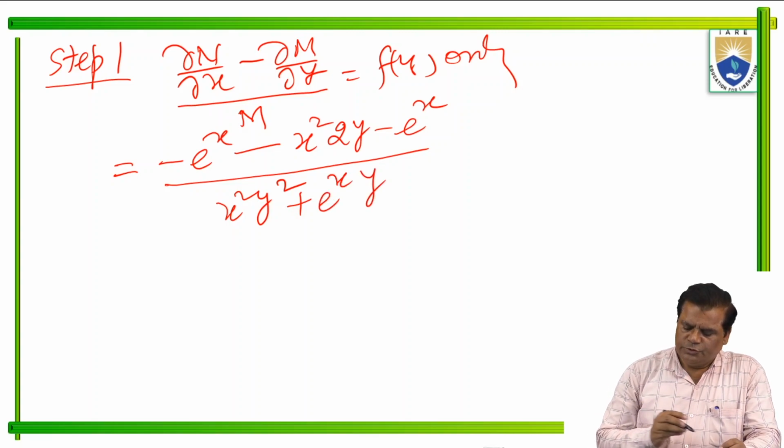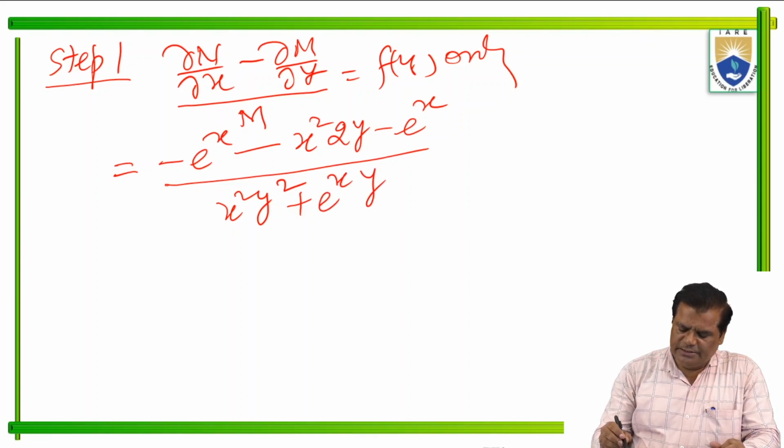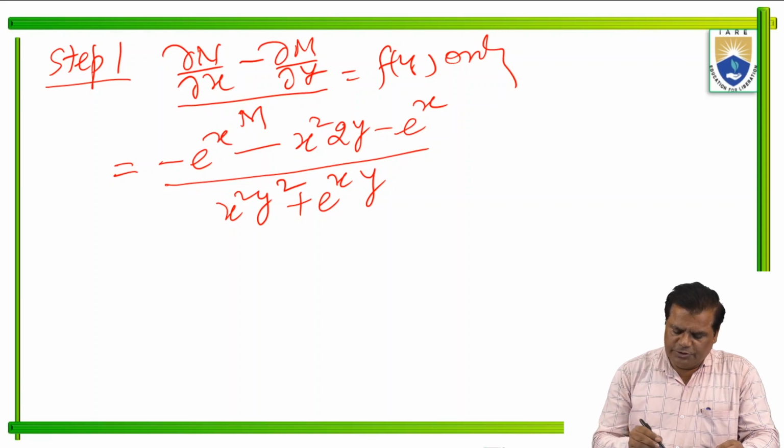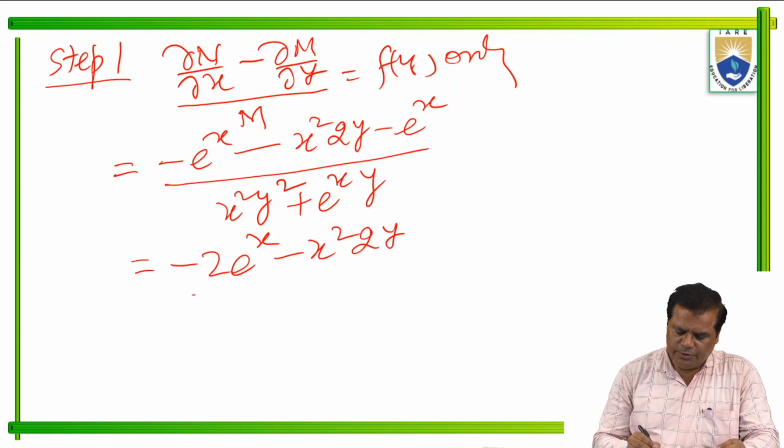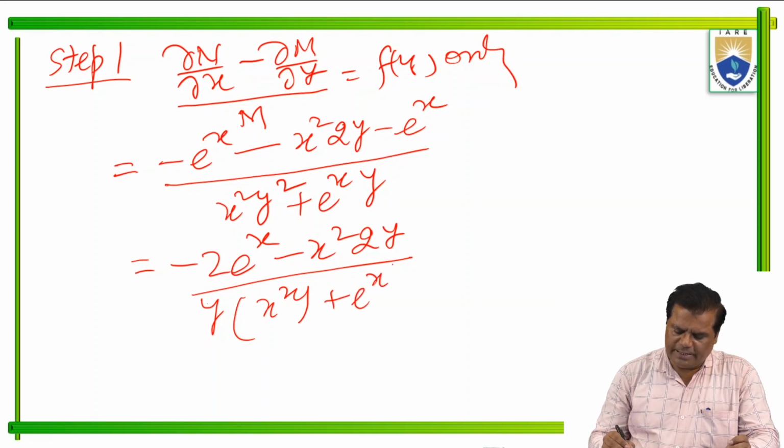Okay, so e to the power x does not cancel. Here, minus 2 e to the power x minus x square and 2y upon, here y is the common denominator, x square y plus e to the power x.